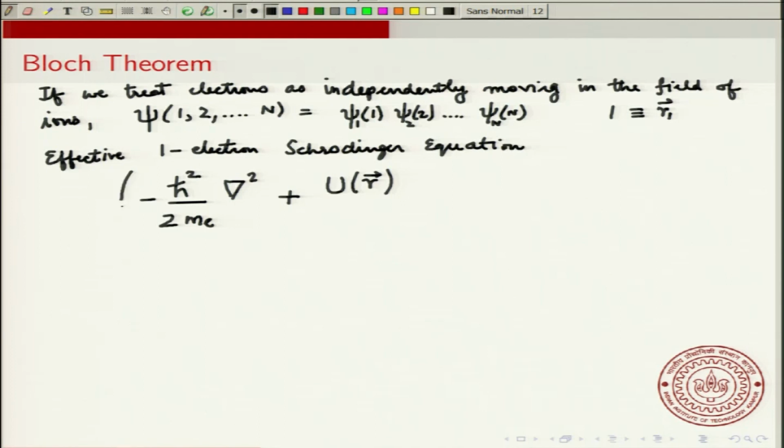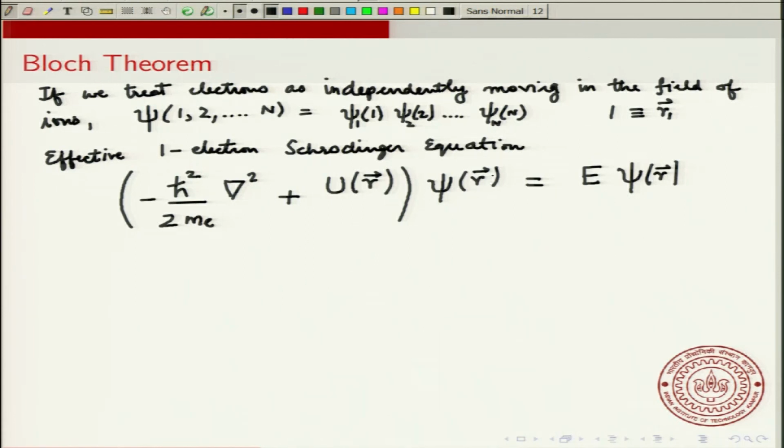Now there is only one coordinate, there is only one electron, and you just have some wave function, so times psi of r, this should be E times psi of r. This is a 1 electron wave function.